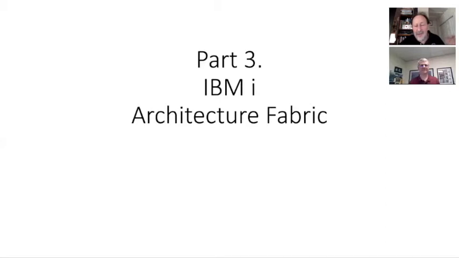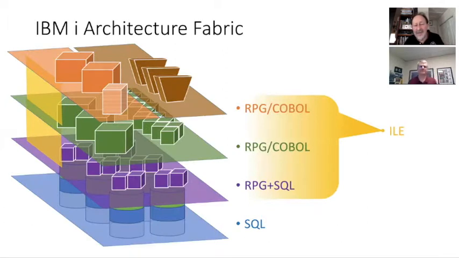For the next part, we just wanted to uncover a little bit more about the technical details of an architecture fabric. So for example, when I create these functions on IBM i, I might have RPG and COBOL at any of the top levels, or at the business processes levels and at the database access layer.